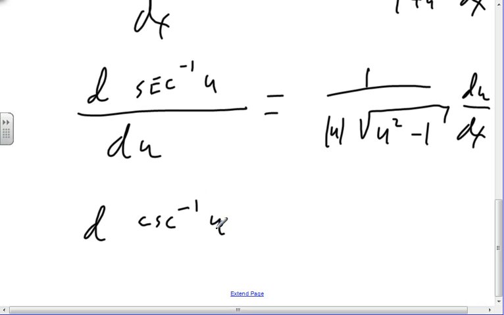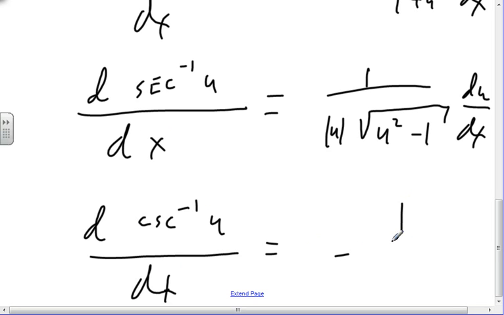Arc cosecant. And why did I put a du there anyway? Anybody know that? Should be a dx. Minus 1 over the absolute value of u, square root of u squared minus 1 du dx.